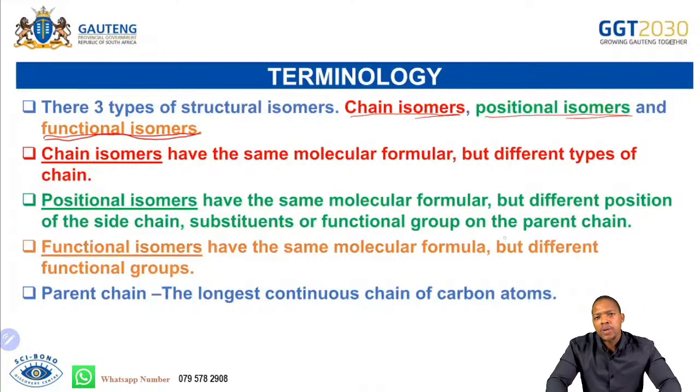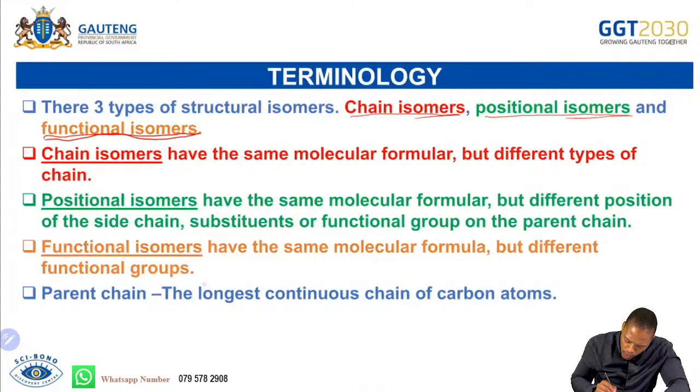If you remember last week again, when we were doing the table where we were identifying our homologous series, I said to you that aldehyde and ketones are close together because they are friends. I said to you carboxylic acid and esters are close together because they are friends. Those are functional isomers.